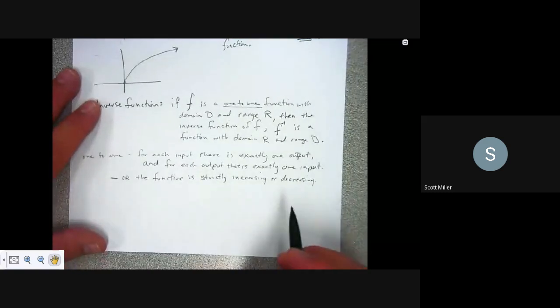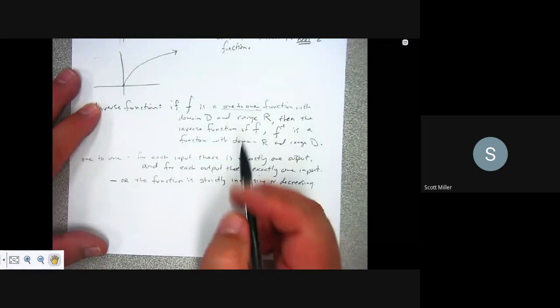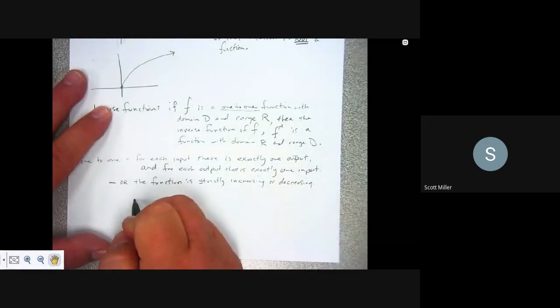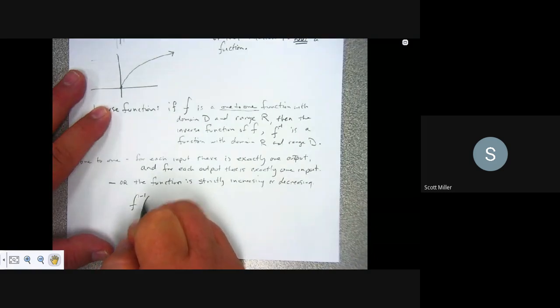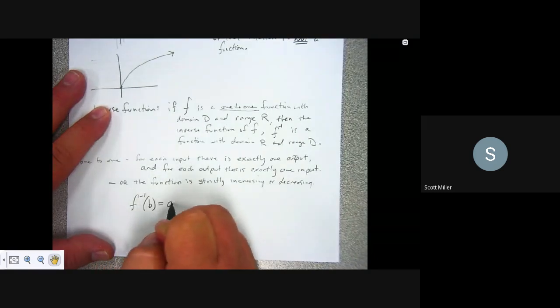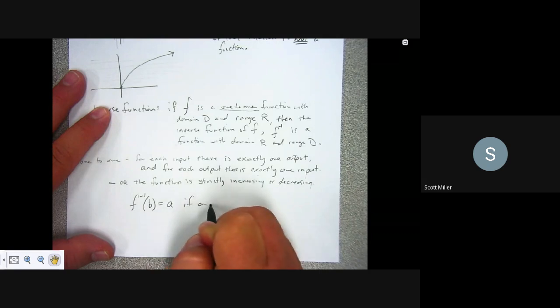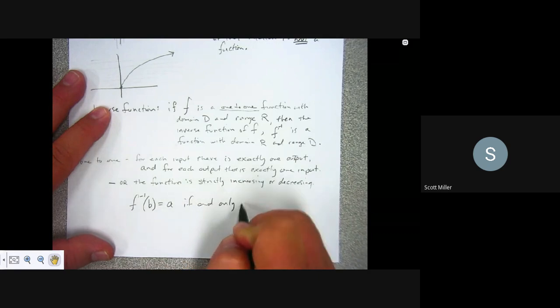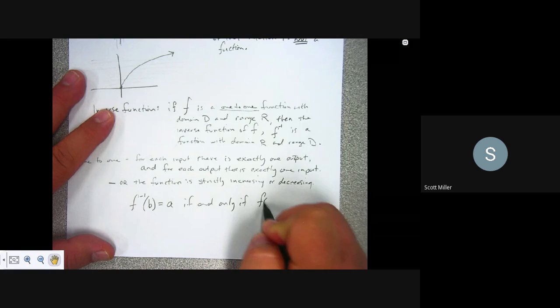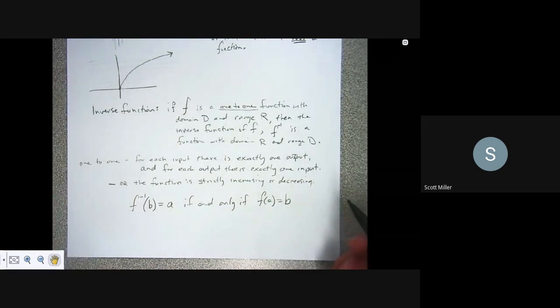We can also look at this definition in symbol form. And here it is. I'm going to give it to you. f inverse of b is a if and only if f of a equals b. Now, a lot of symbols there.